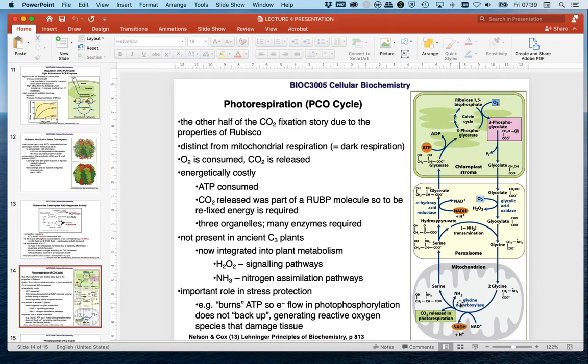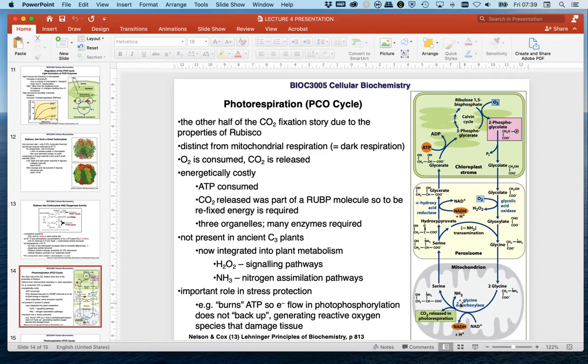Okay, so if we think about a plant photosynthesizing in the light, okay, so light is bombarding the chloroplast with light energy, and that's being taken up by the chloroplast. Electrons are flowing, protons are being pumped, so ATP can be made.